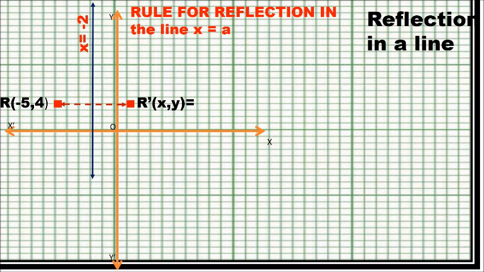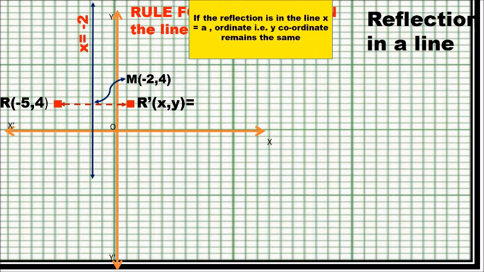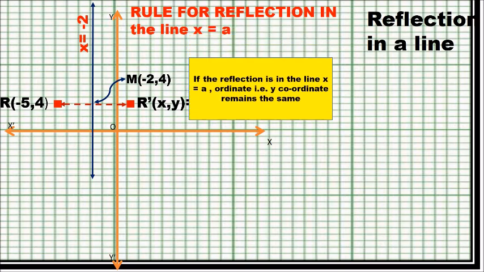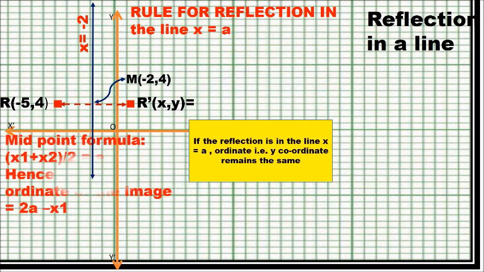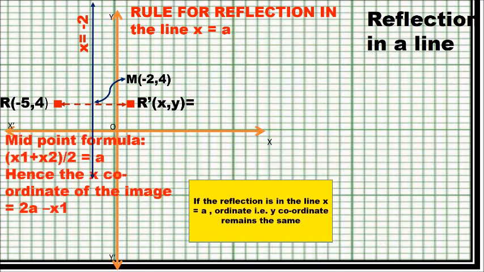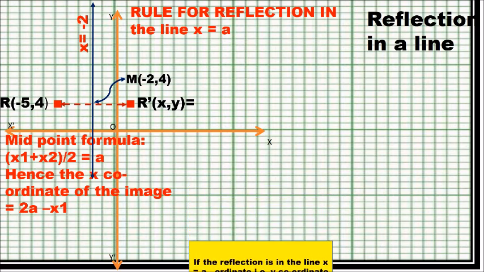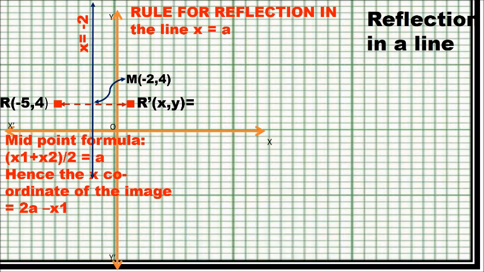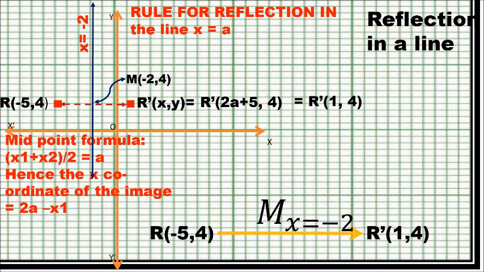M is the midpoint of the line joining R dash, with the coordinates (-2, 4). In this case, the y coordinate remains the same. By using the midpoint formula, we can find the general formula of the x coordinate, that is 2a minus x1, x1 being the x coordinate of the object. On putting the values of a and x1, we get the image R dash as (1, 4).